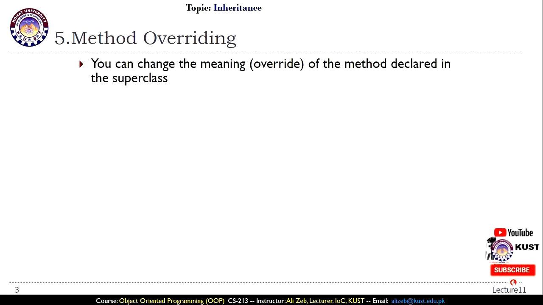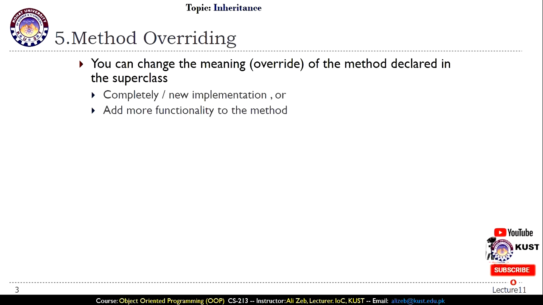And when we inherit a method, we can possibly change the meaning and the functionality of that method in detail. Let's say if you want to add something to the functionality of an existing method, then we can do that, or we can completely implement that method from scratch. Like we can add completely new details to that method.